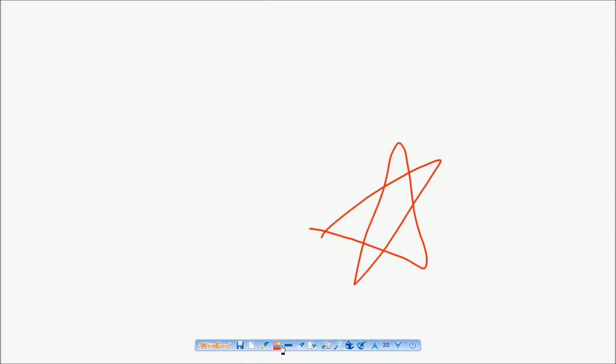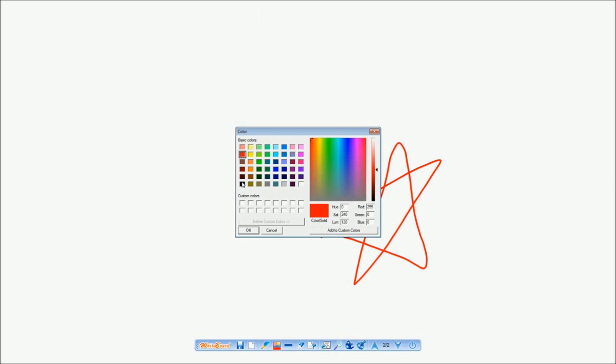Now I'll do some more analysis on this kind of graph.